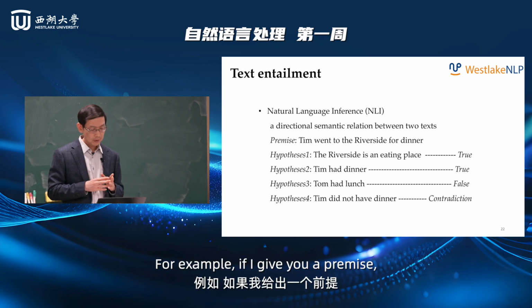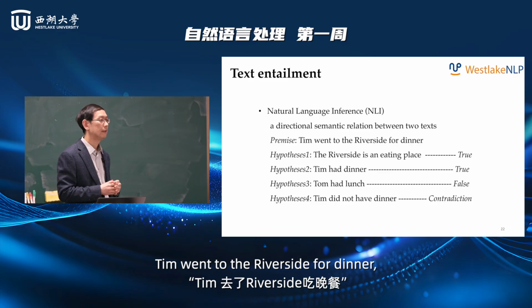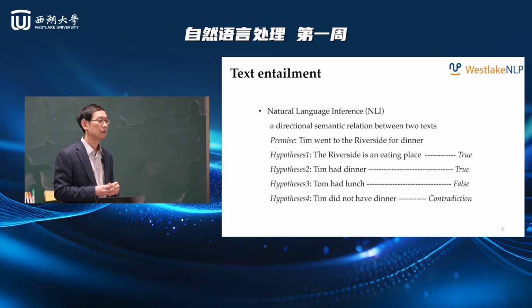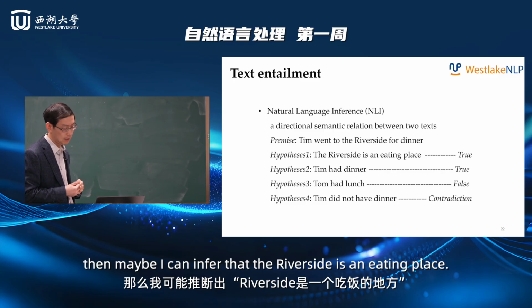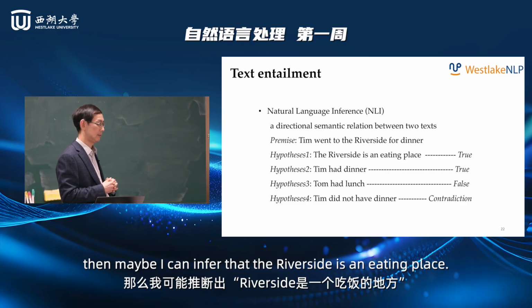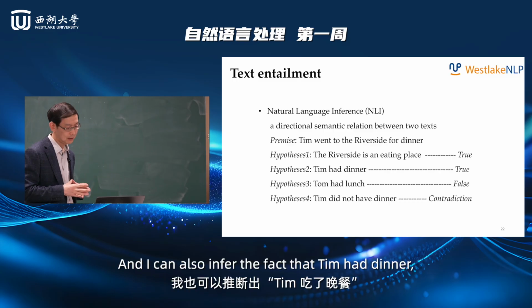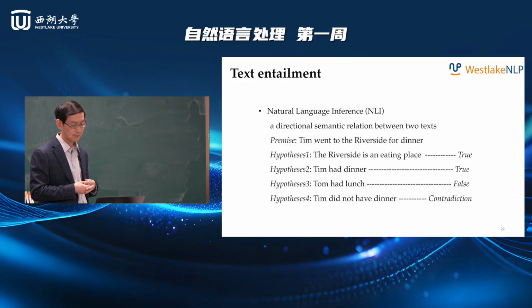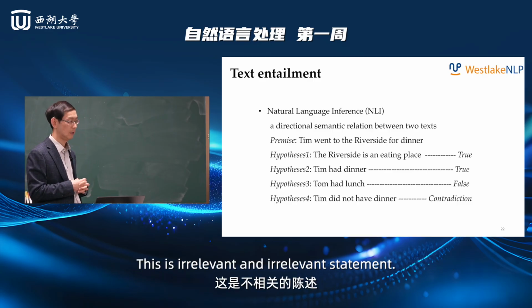For example, if I give you a premise, Tim went to the riverside for dinner, then maybe I can infer that the riverside is an eating place, right? And I can also infer the fact that Tim had dinner, okay? But I cannot infer the fact that Tom had lunch. This is an irrelevant statement.